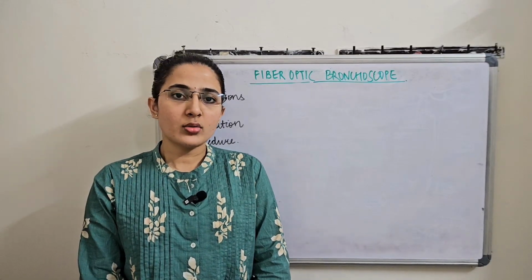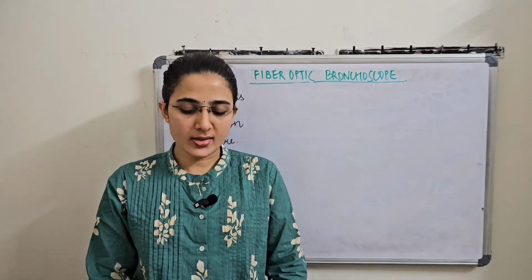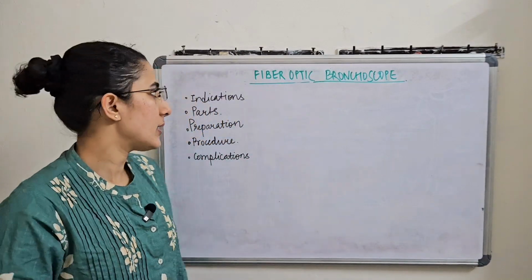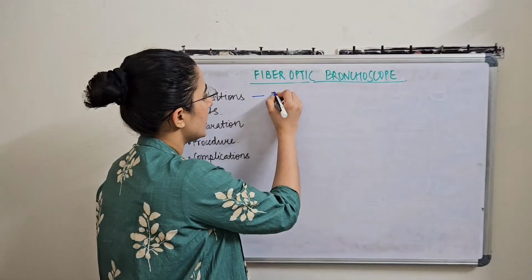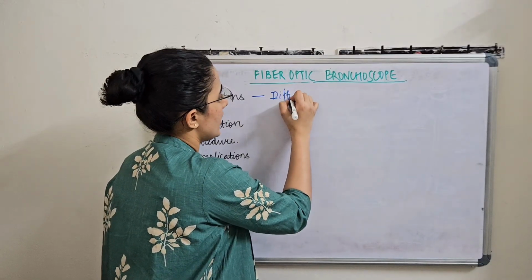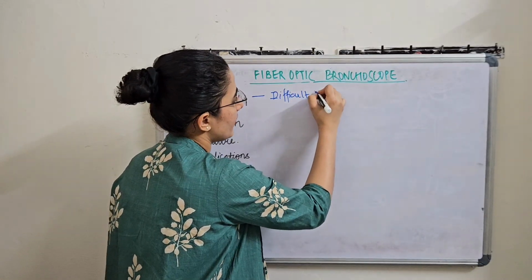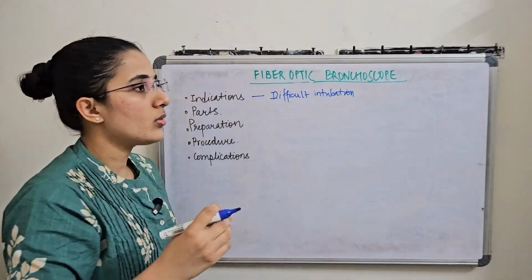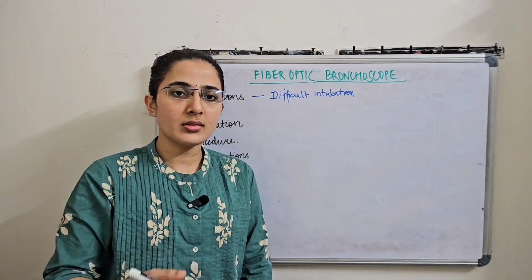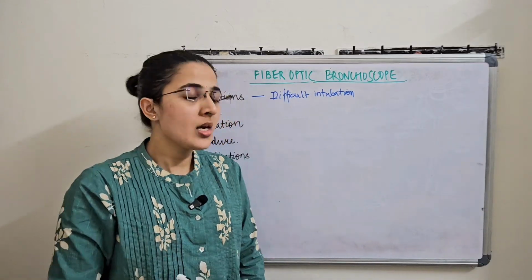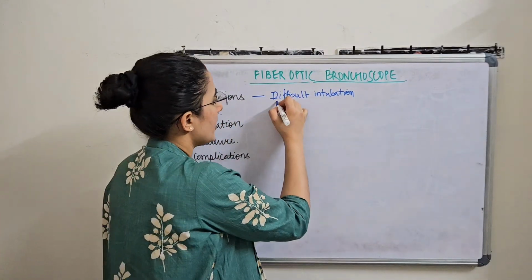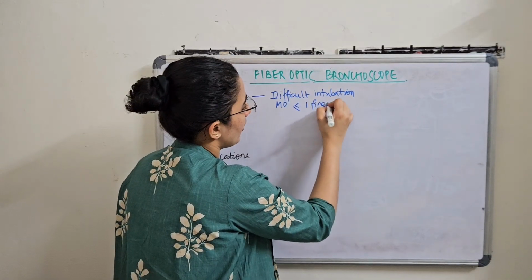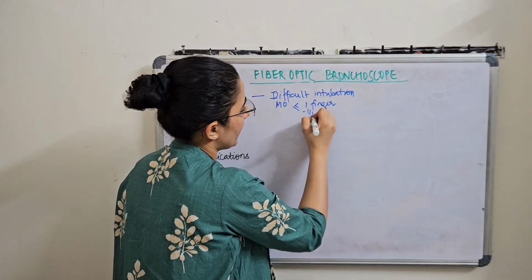Right. So coming to the start of it, what are the indications of a fiber optic bronchoscope? Fiber optic bronchoscopic intubation is required in difficult intubations. It forms a part of the difficult airway algorithm, where we can try to intubate using the FOB through a supraglottic airway device, or in patients with mouth opening of less than or equal to 1 finger, or 1 to 1.5 fingers.